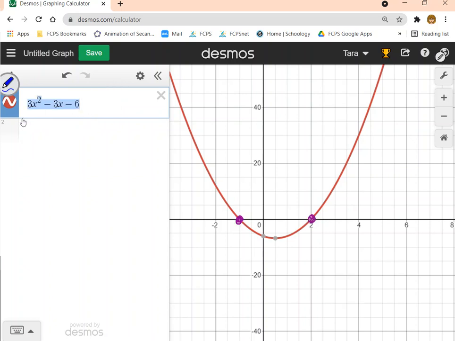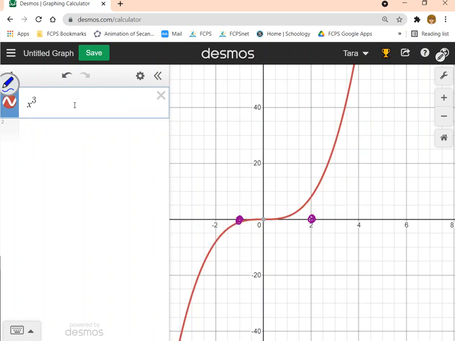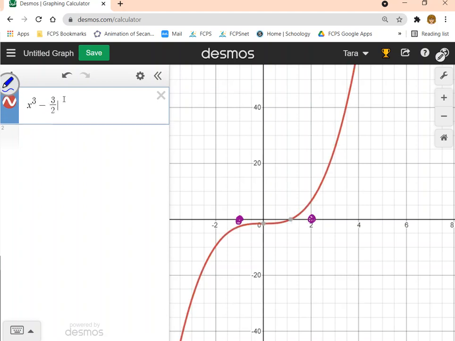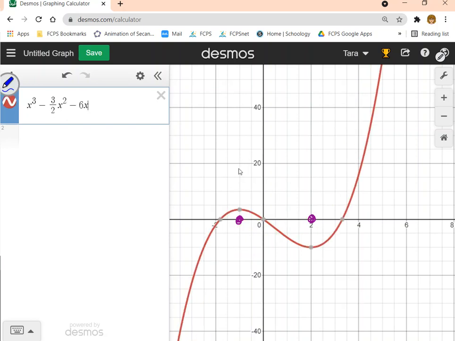All right, so this was the derivative. There's the x cubed minus 3 halves x squared minus 6x.